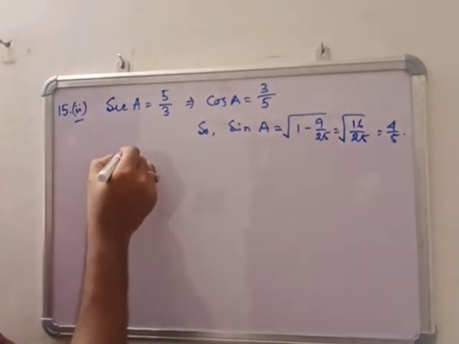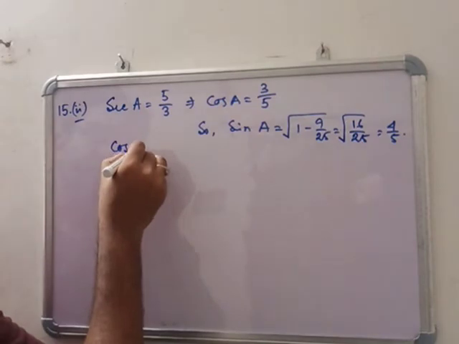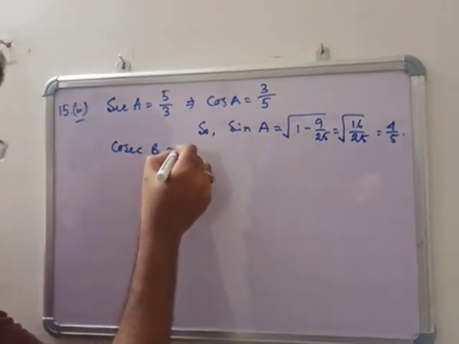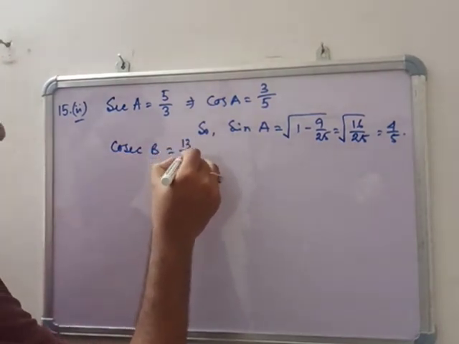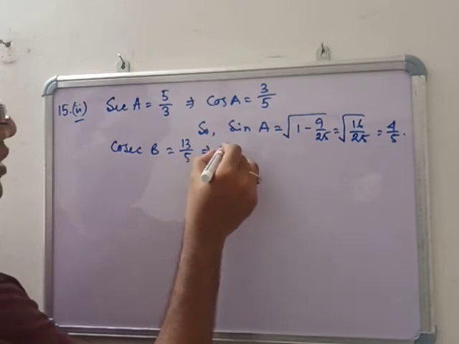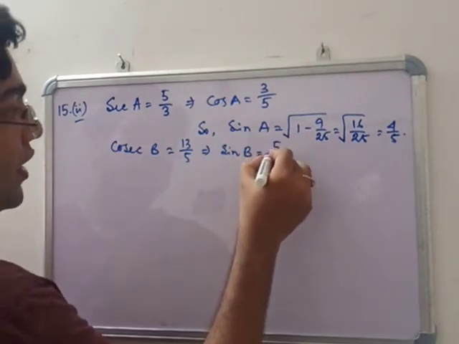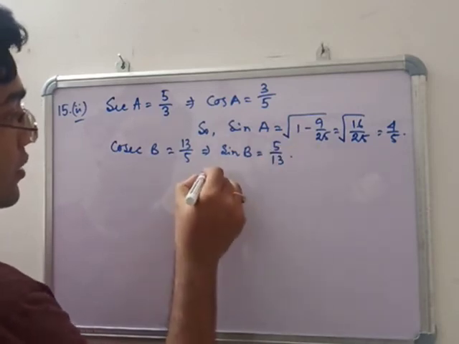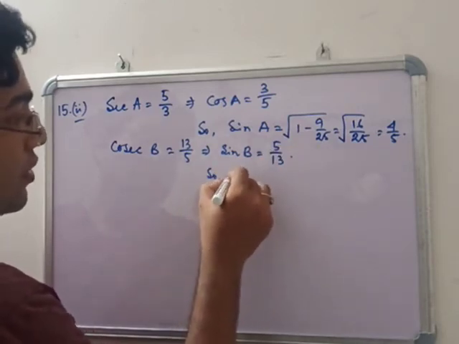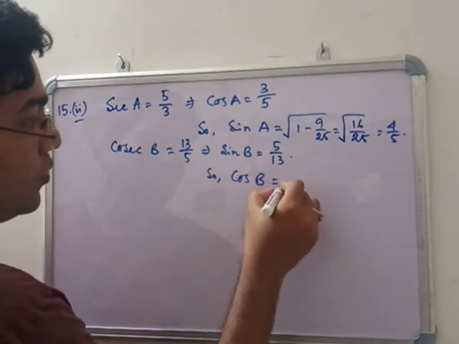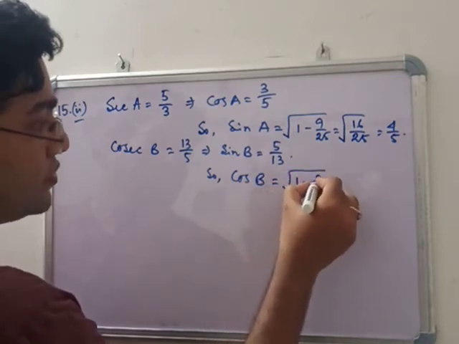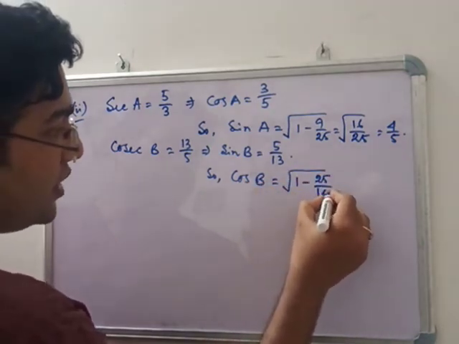Then cosec B is given as 13 by 5. That means sin B equals 5 by 13. Also cos B equals root over 1 minus 25 by 169.